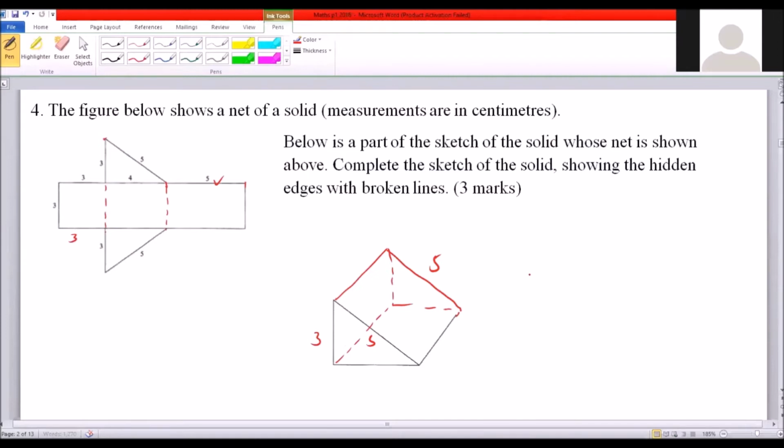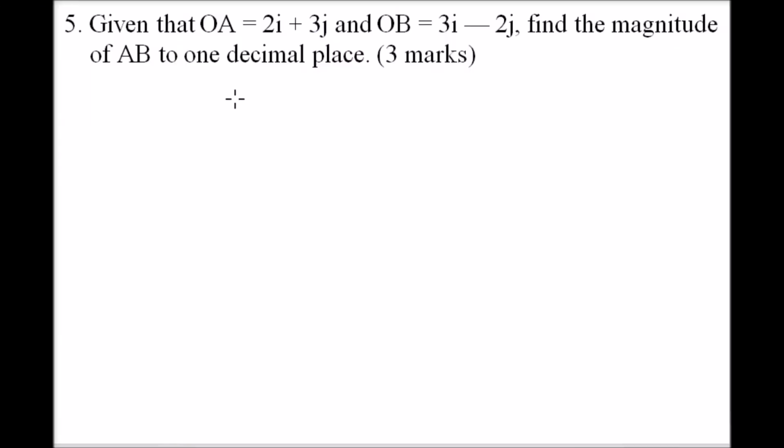So this means that our solid will be like that when you fold the sides. So this is the net, and this is the solid that will be formed, and that's very easy, and you should be able to get 3 marks very easily. So we go to the next question.